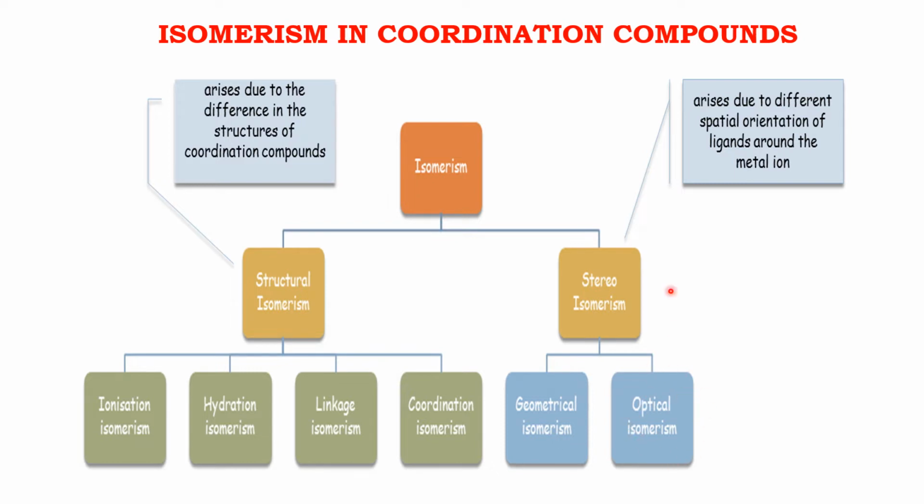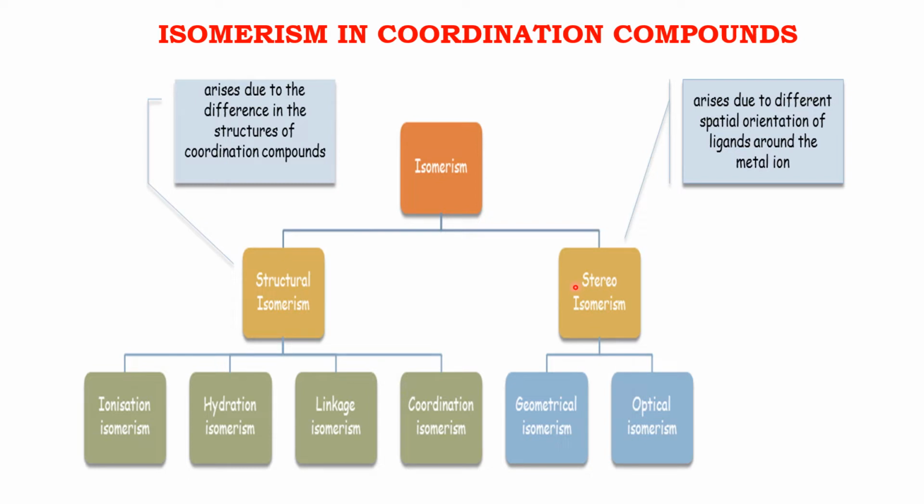So we can say in coordination compounds, isomerism could be of two types: structural isomerism and stereoisomerism. Structural isomerism is again classified into four: ionization isomerism, hydrate isomerism, linkage isomerism and coordination isomerism.